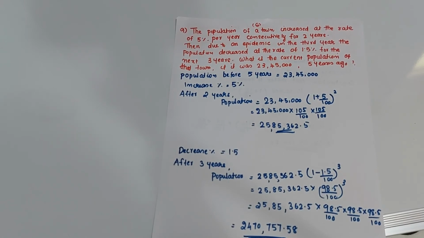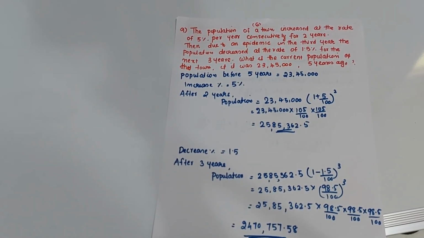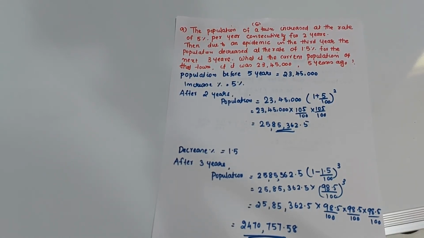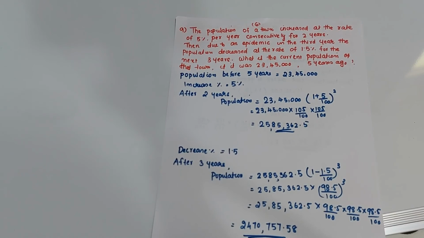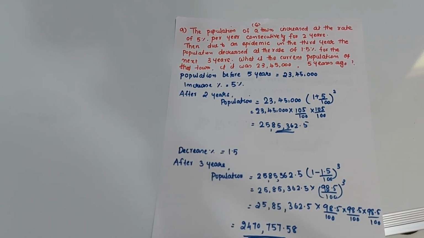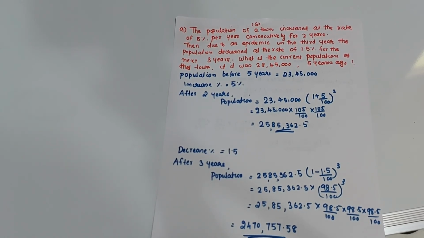So 5 years ago the population was 23,45,000. Our question is, what is the current population? That means what is the present population?